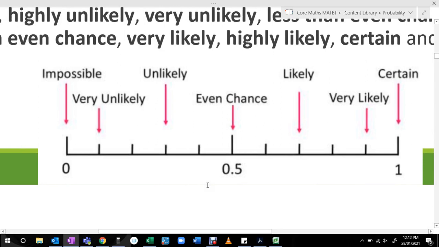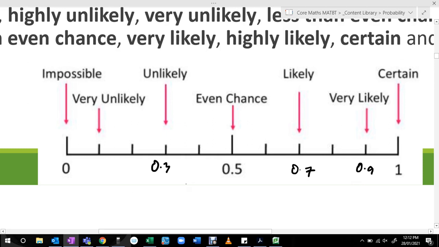You can see where they also fall within the scale. Unlikely is about 0.3, and even chance is 0.5. Likely is about 0.7. Very likely is like 0.9. You can see how that works on the scale there.